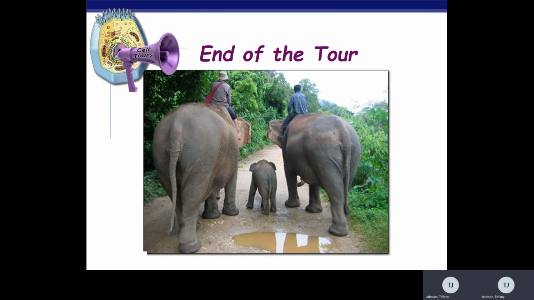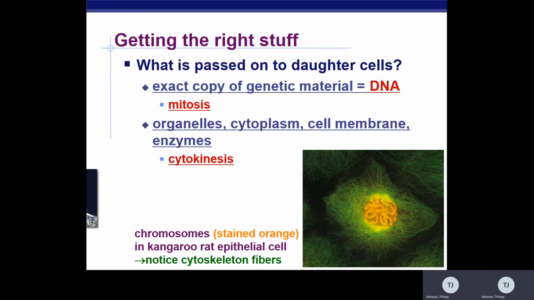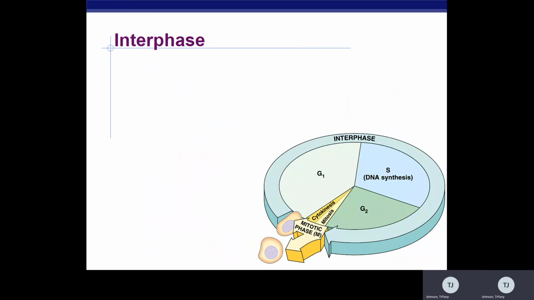All right. So we started with talking about the cell cycle, and we drew this. Does everybody have this on the right side? Okay. And we said that the longest part of the cell cycle is called interphase, right?